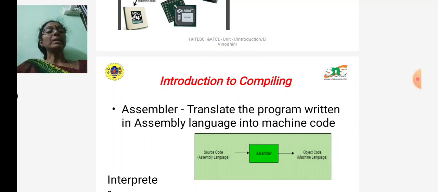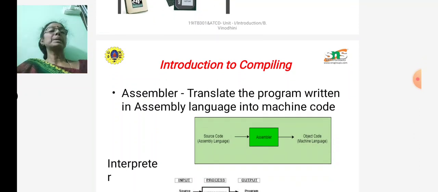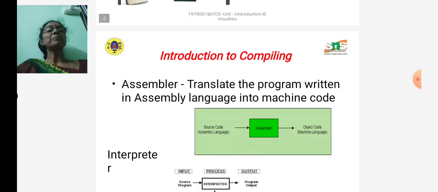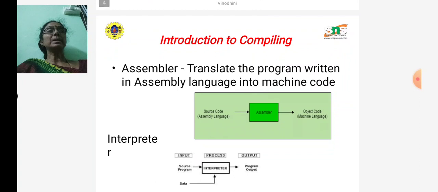Next we have another translator, the interpreter. Instead of the compiler we can have an interpreter. The compiler compiles the whole source program into one single machine level load program. The interpreter converts our source program line by line into the machine level code.